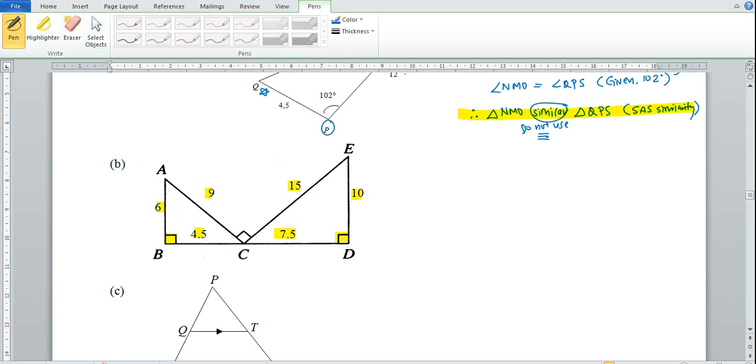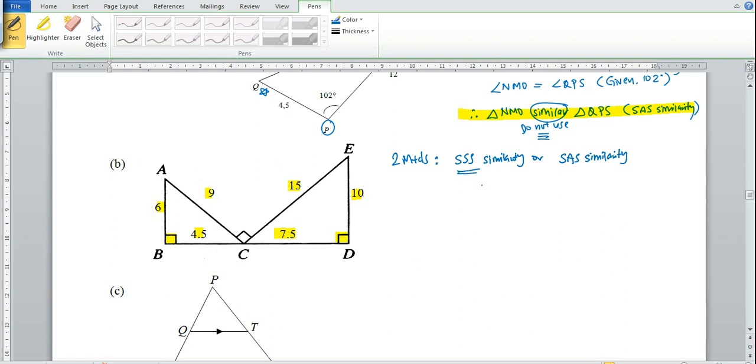I have two methods that I can use. It's either I use my SSS similarity, or I can use SAS, the A being the right angle. So I can use either one. But since I have already used SAS just now, I'm going to use SSS to show you how to write this proof.